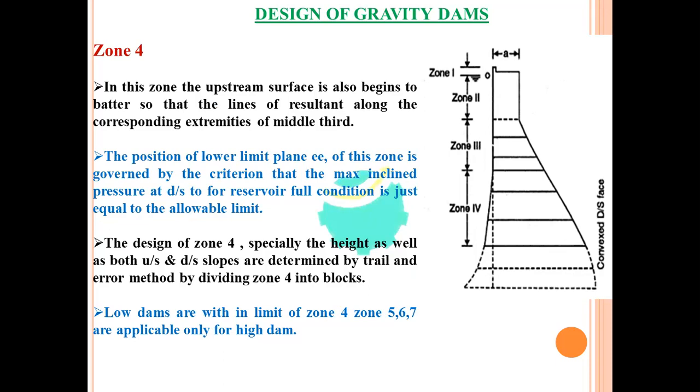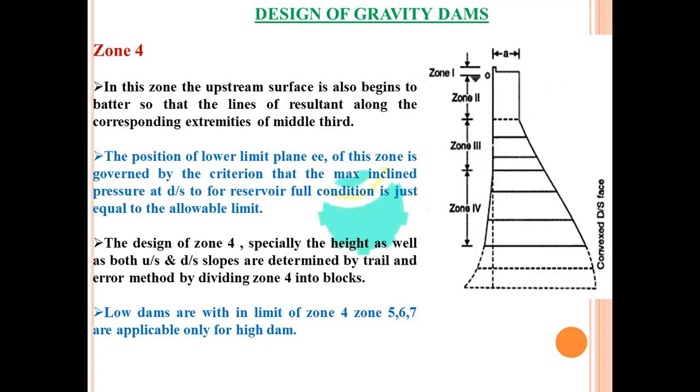The design of zone 4, especially the height as well as both upstream and downstream slopes, is determined by the trial and error method by dividing zone 4 into blocks. In zone 4, upstream is slanting and downstream is also slanting.